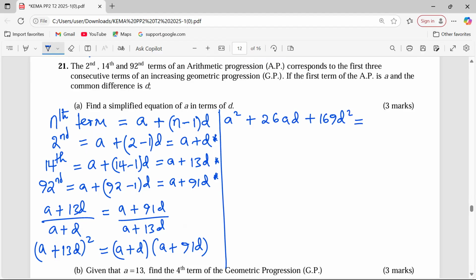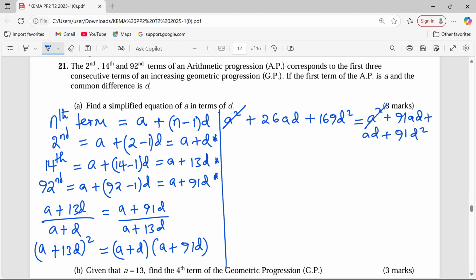a multiplies everything in the second bracket, so it becomes a squared plus 91ad, plus d multiplies everything, so ad plus d again multiplies 91, so it shall be 91d squared. So from this, we can group terms together. a squared and a squared cancel one another.